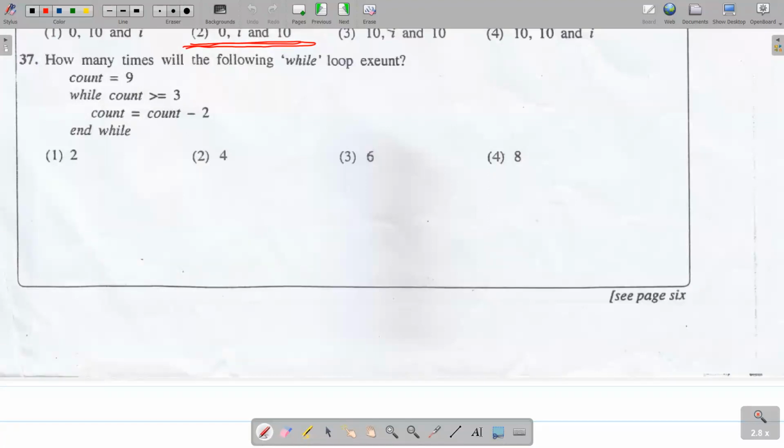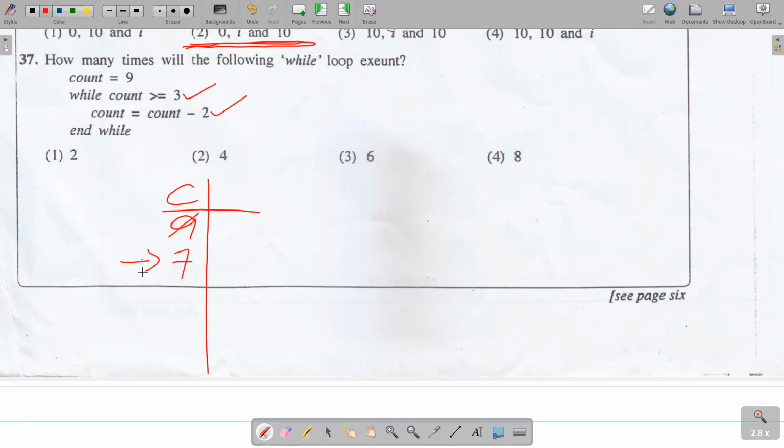Count is initialized as 9. It checks whether while count is larger than or equal to 3. That's true, so count will be reduced by 2. So 9 will become 7.